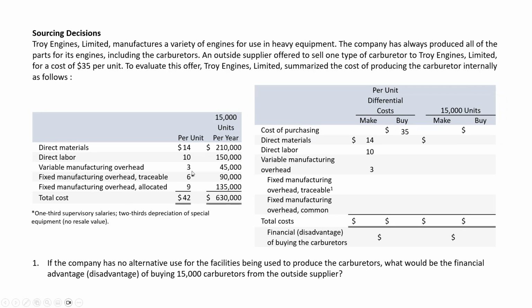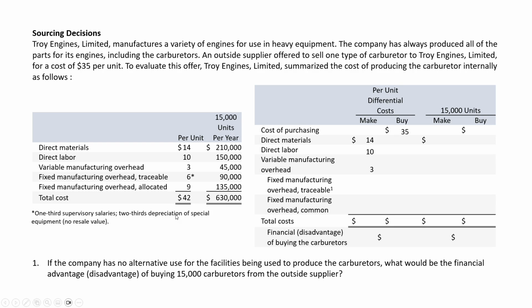Well, we've got a little asterisk here, so let's read through for that $6 of fixed manufacturing overhead that's traceable. 1/3 of it is supervisory salaries, and given no other information, our assumption is if we don't make the carburetor anymore, we don't need the supervisor salaries.